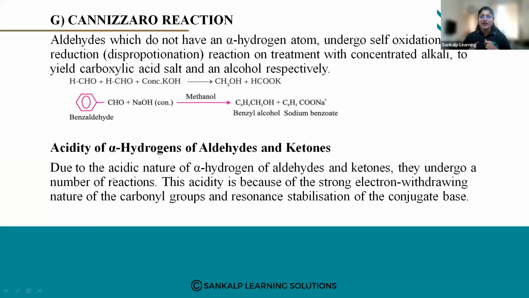Next, we are going to see the acidity of alpha hydrogens of aldehydes and ketones. Due to the acidic nature of alpha hydrogens, they undergo a number of reactions. This acidity is because of the strong electron withdrawing nature of the carbonyl group and resonance stabilization of the conjugate base.